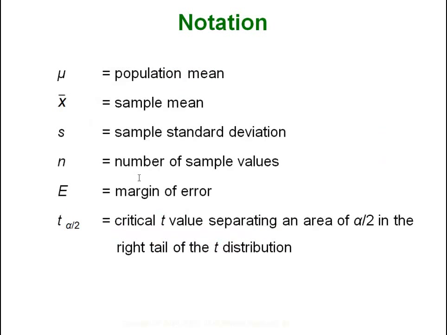Typical vocabulary, you've seen all these before, the mu, the x bar, s being your sample standard deviation. The only thing that you haven't seen before is your t-critical, but you've already seen z of alpha over 2. So this is the same exact idea, only now we're doing it on a t-distribution instead of a z-distribution.